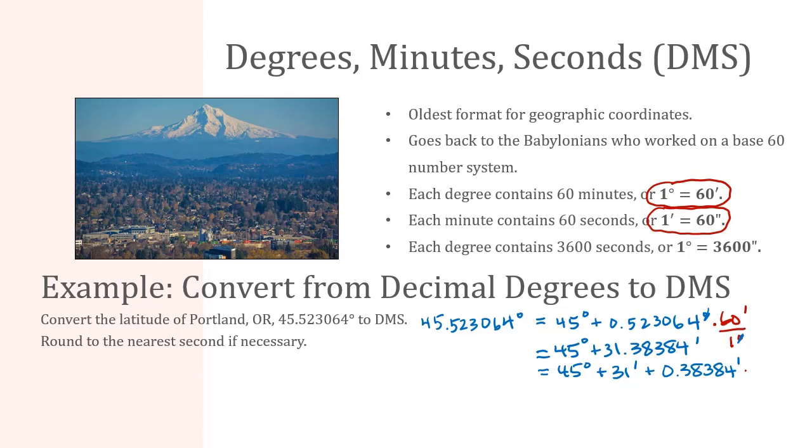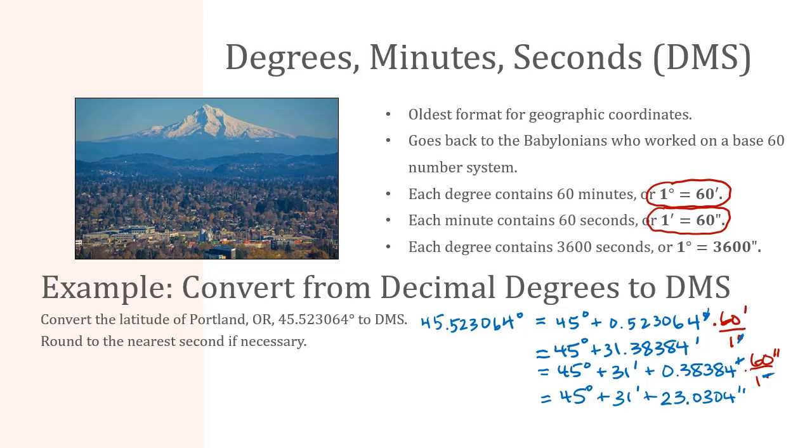So I'm going to multiply with 1 minute in the denominator and 60 seconds in the numerator. All right, when I put that into my calculator, I got the 45 degrees, I'll rewrite that. I've got the 31 minutes, and if I put that into my calculator, I get 23.0304 seconds. And that, again, is because the minutes on the top and the minutes on the bottom canceled out.